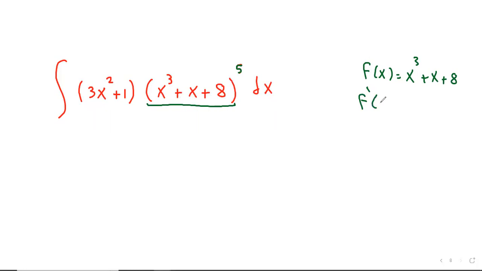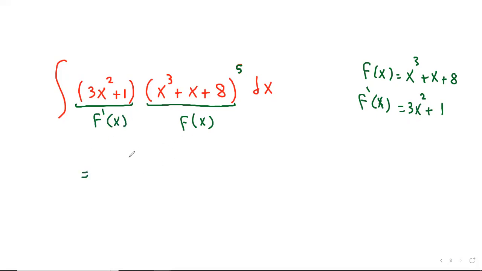And f prime x is 3x to the power of 2 plus 1. So we deal with it as a function f of x and its first derivative, f prime x.